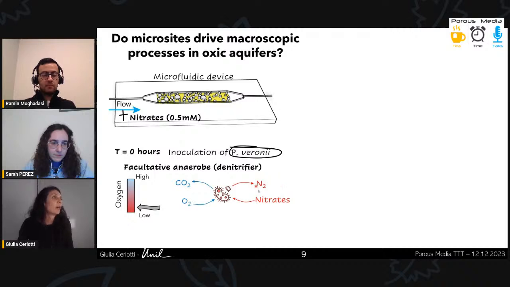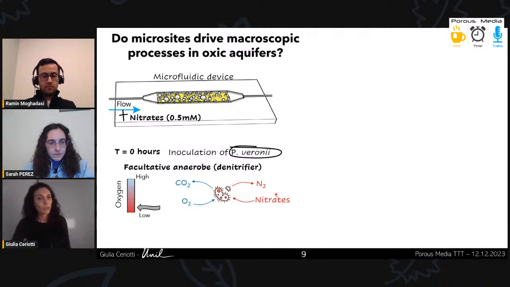This produces molecular nitrogen. And for those who are familiar with nitrates, you might guess that this is an important bioremediation process. So we are taking up nitrates, which are a very widespread contaminant in the environment, and we are releasing an inert compound that is just molecular nitrogen.